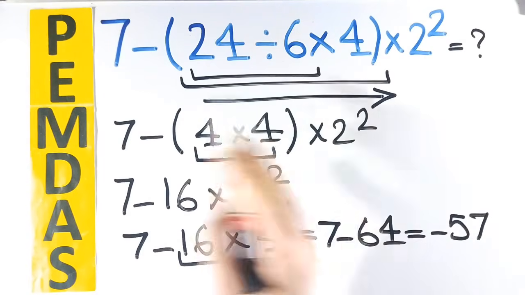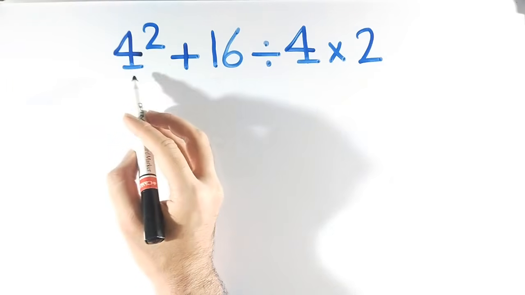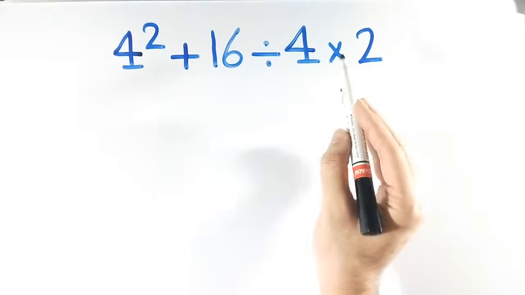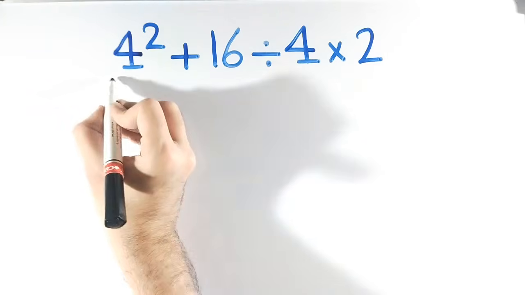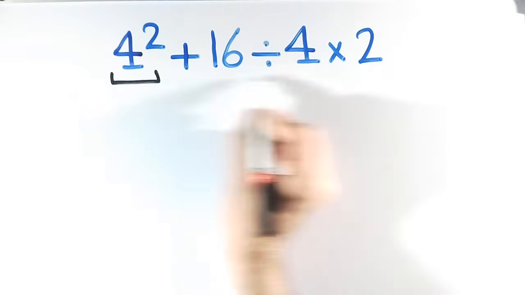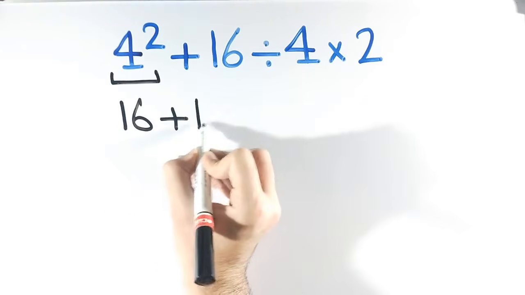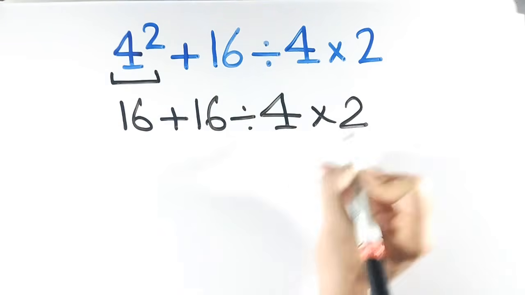Okay, now let's solve another math question together. What is the value of the expression 4 squared plus 16 divided by 4 multiplied by 2? Many people when solving this question first go for the exponent and instead of this expression they write 16 plus 16 divided by 4 multiplied by 2.